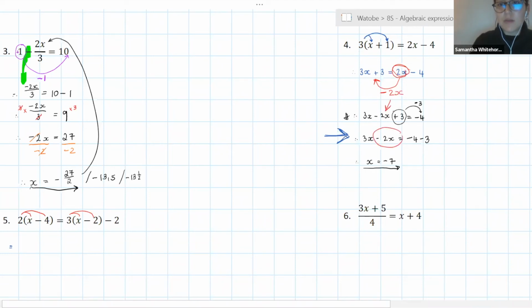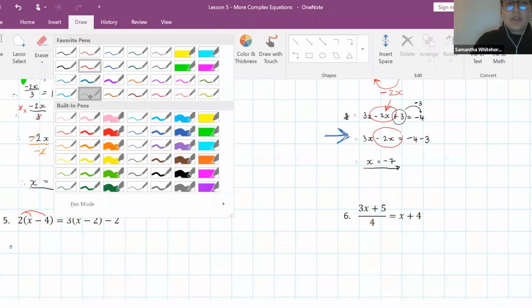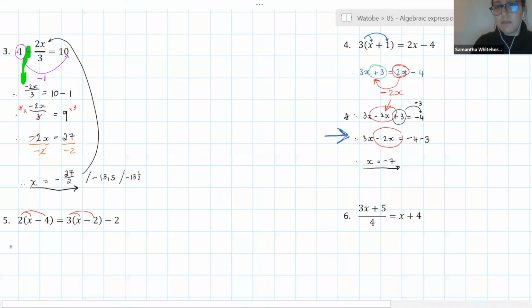So that's why I've got minus 2x in the next two steps, because I've moved it over. The same thing has to happen with the plus 3. So I want to get that plus 3 over to the right-hand side. And the only way to do that is to do the opposite, so to minus 3. And that's why over here, in the step that you pointed out, I've got a minus 3 because I've moved it over the equal sign. And so the operation has to change.